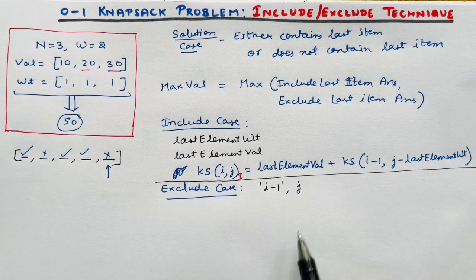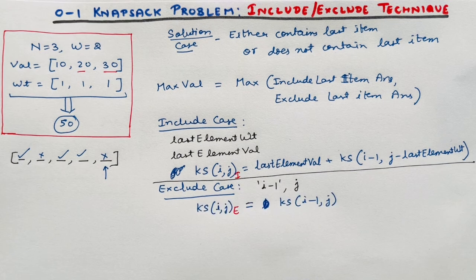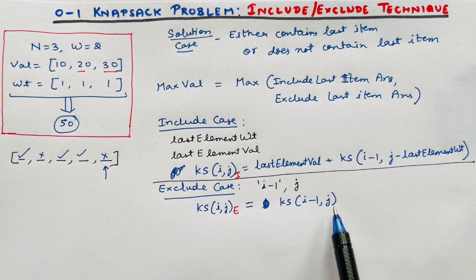Our capacity is still j because we have not included any item. With this, how can we express the answer for the exclude case in terms of our sub problem? We can say that knapsack of i and j for the exclude case will equal knapsack of i minus 1 comma j, because we have to solve using i minus 1 items and our capacity is still j.